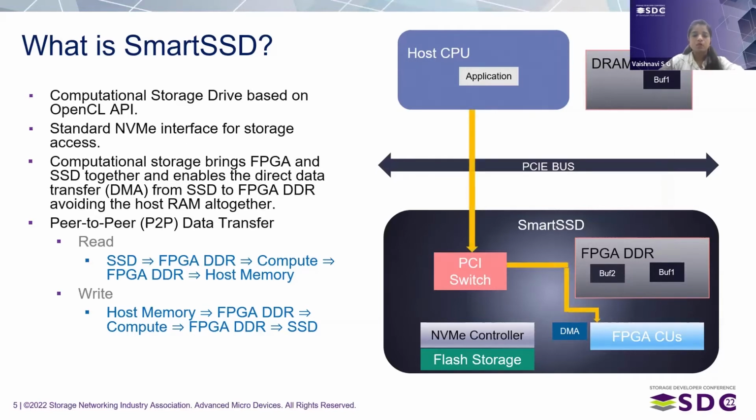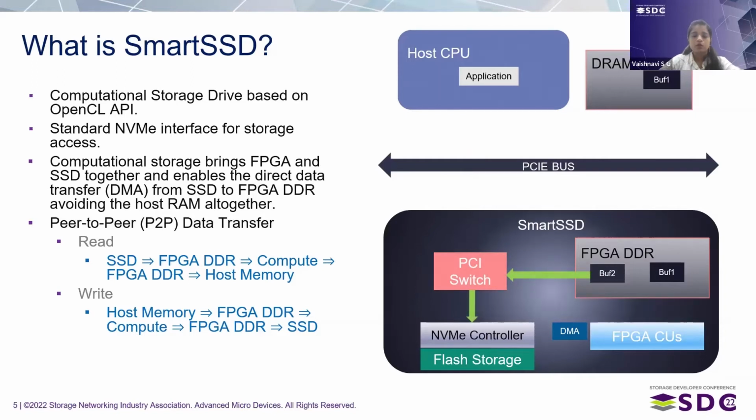The compute engines process the input data and produce results in the output buffer, buff2, located in the FPGA DDR. Finally, the application triggers the NVMe interface to move the result buffer into the storage. This is a peer-to-peer data transfer, avoiding the host RAM.